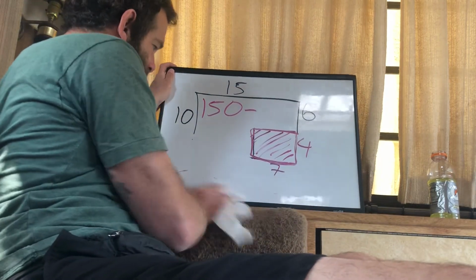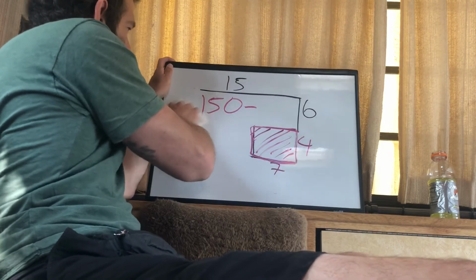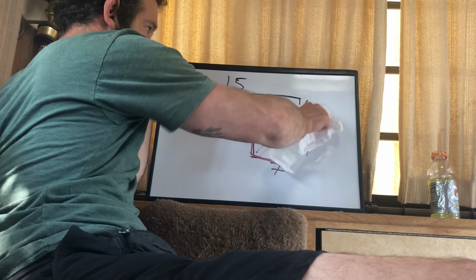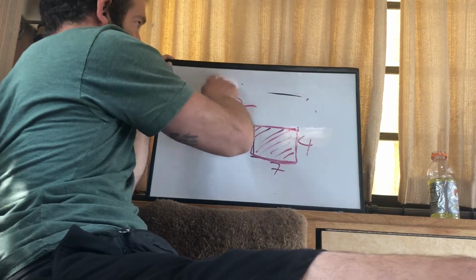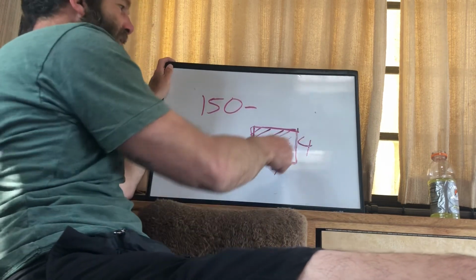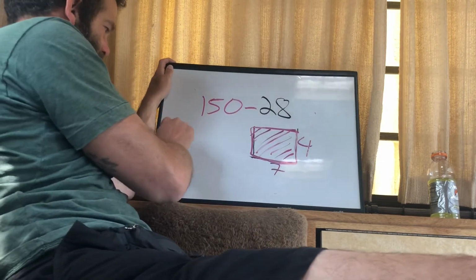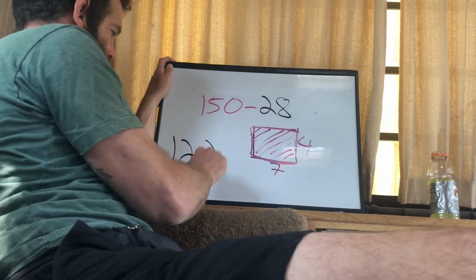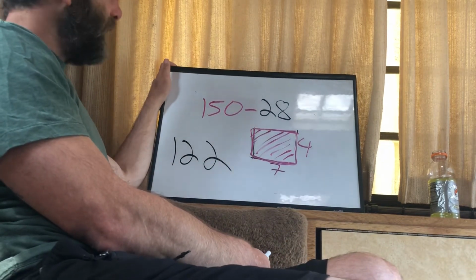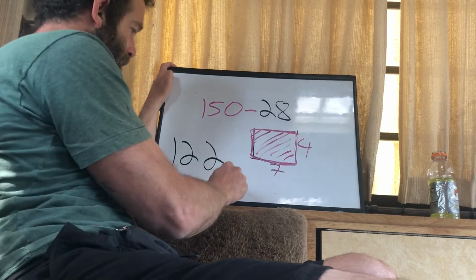So I'm going to go 150, which is the area of the whole thing, minus just this pink rectangle right here. So this is 7 times 4, which is 28. 150 minus 28, which is 122. That's the area of my original shape, 122. But there's no unit of measure, so I'm going to write units squared.